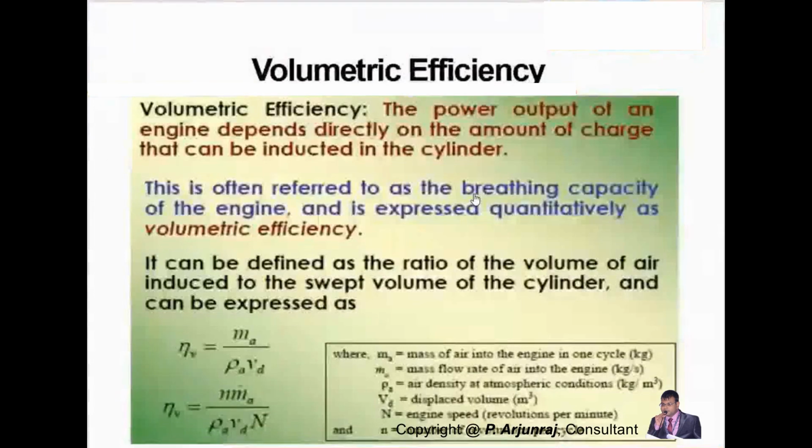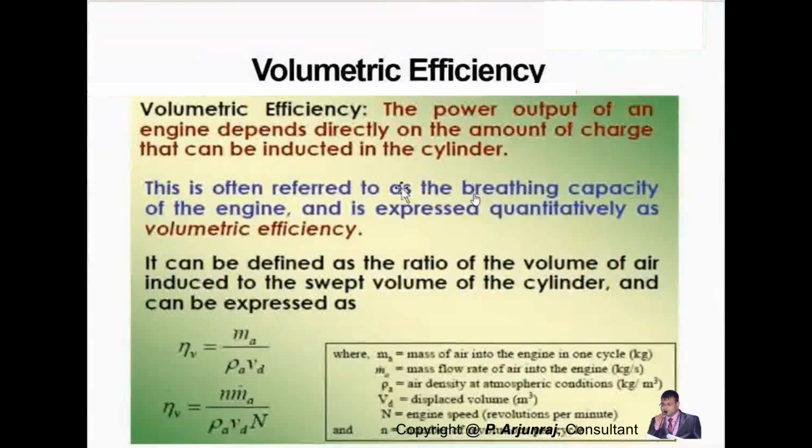Okay, so we have seen the definition of volumetric efficiency, which is defined as the ratio between the mass flow rate of the air to that of the volumetric, it means the displacement of the engine. Here I can also put this volumetric efficiency as the power output of an engine, which is directly depending on the amount of charge. So it is nothing but the air.